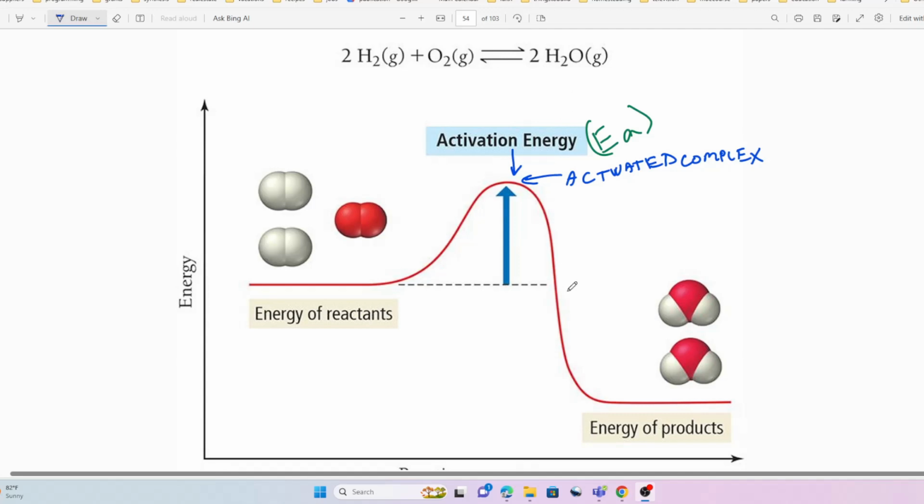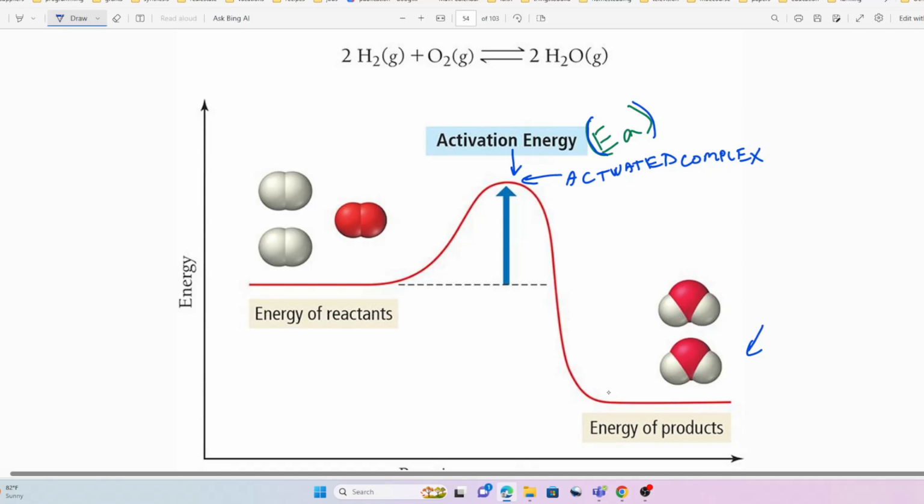Even though this reaction is thermodynamically favorable, meaning that we get some energy out when this reaction occurs, so it will generally go forward, we still have an activation energy barrier to overcome to go from starting material to products. And this activation energy is our Ea in our previous equation.